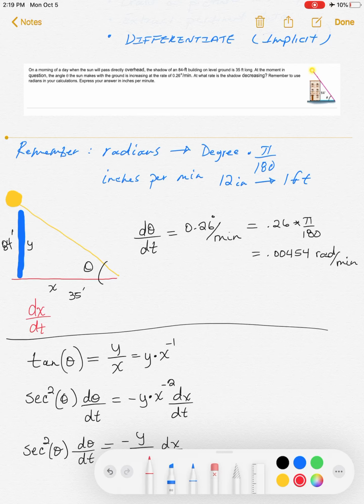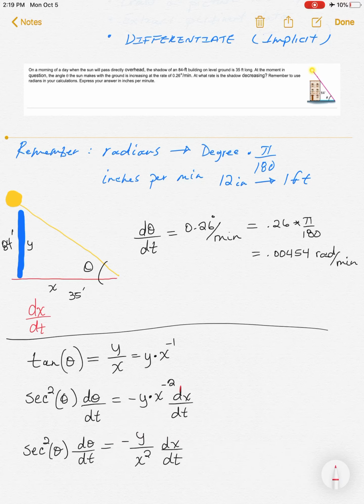And I'm just going to run over this real quick because I want you to pay close attention that dx dt is what we're focusing on. We're focusing on finding dx dt.